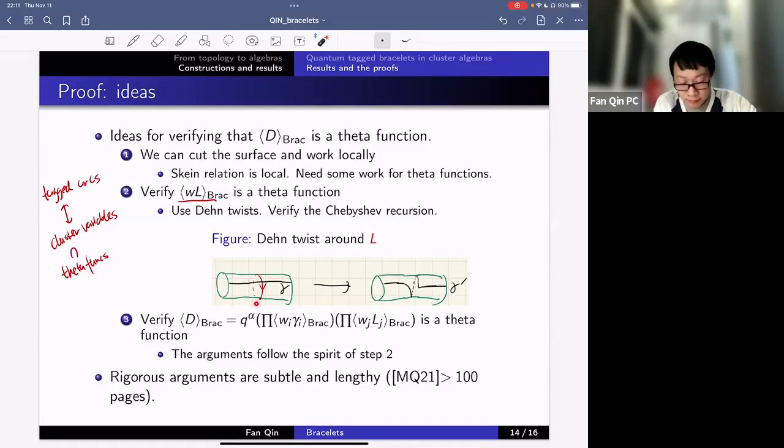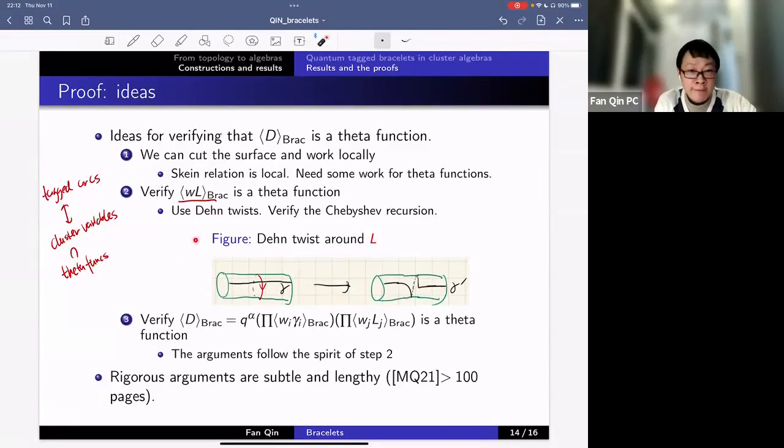And the Dehn twist around a simple loop L, in case you have forgotten, is this: if you have a gamma which passes through a single loop, then the twist is that you go towards this oriented loop, then you travel around it and you go forward. This is our Dehn twist.